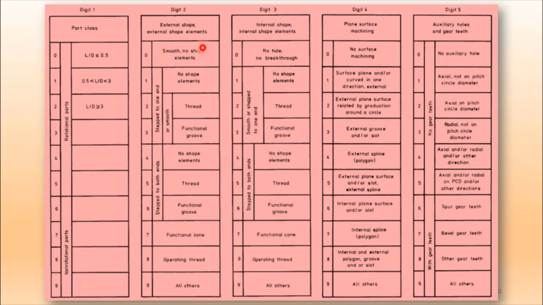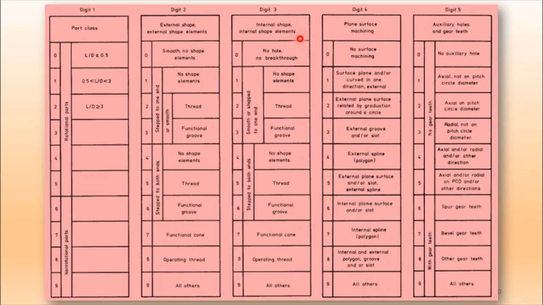Here are the details about the second, third, fourth and fifth digits of the form code. You can see that I'll assign a 0 for the second digit if it is smooth, with no shape element. I assign a 1 for no shape element with shape at only one end, and these are for both ends. One end could have no shape element while the other is threaded or has a functional groove, and so on.